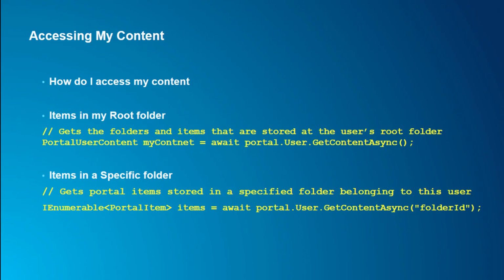The second example is an overload for the same get content async method, but this one takes a folder ID string. So for example, if we had done this initial query and returned several folders, we can interrogate that collection of folders, get those folder IDs, use this overload, and then get all the items in those subsequent folders. It's very similar. All it's doing is getting items from a specific folder rather than the root folder. And we can use that to grab any and all content which belongs to a specific user.